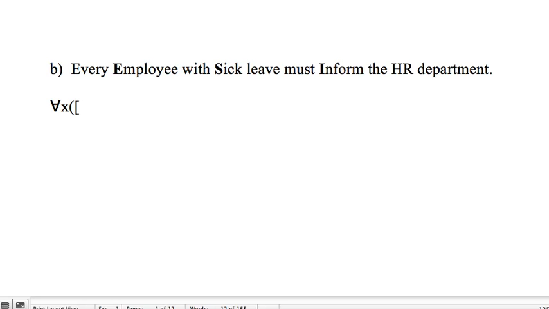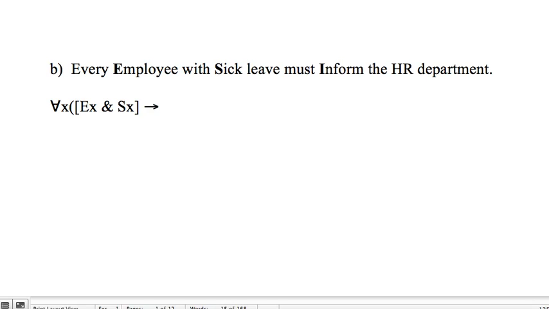Well, if X is an employee with sick leave, then X is an employee, and X has sick leave. To make it a statement about every member of this group, we don't just start with a universal quantifier. We put an arrow. That's the general form for making a statement about every member of a group. Quantifier, specify the subject, put an arrow.